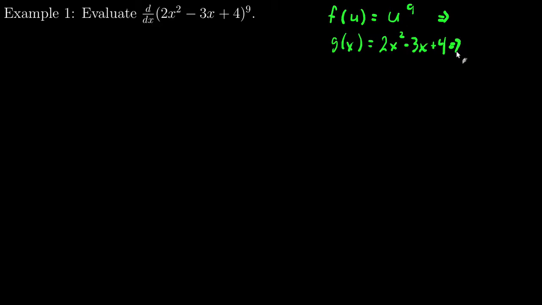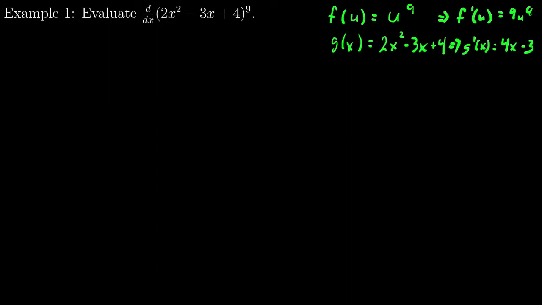And in my chain rule, I need to have some derivatives here, so the derivative of f is 9u to the 8th. The derivative of g is 4x minus 3.